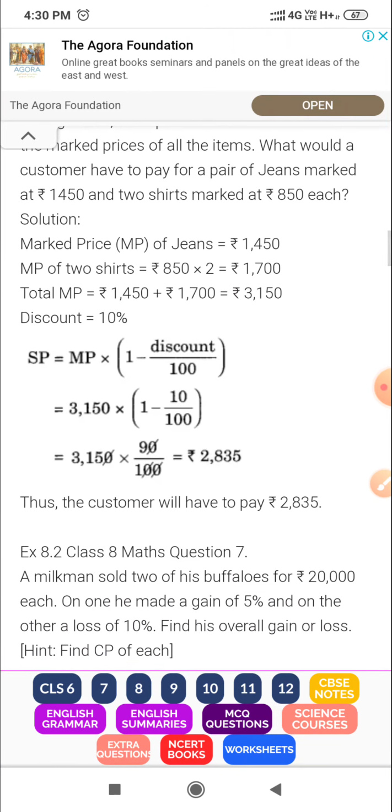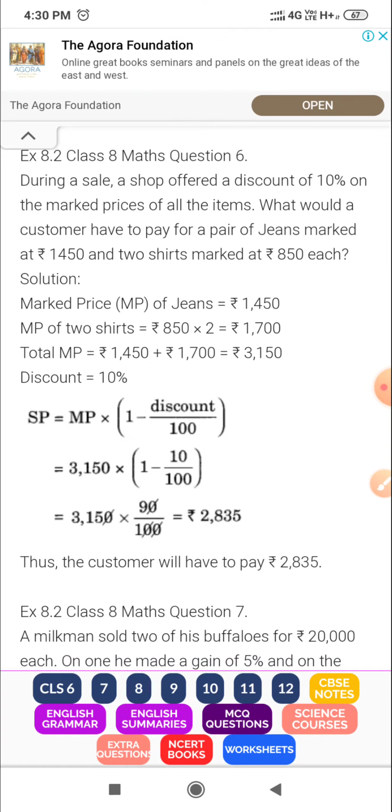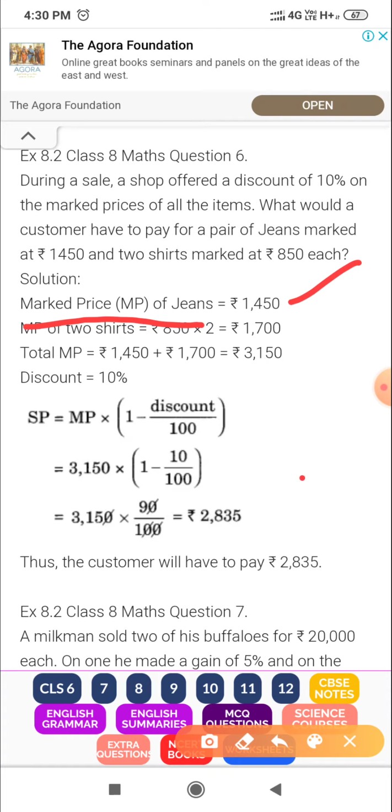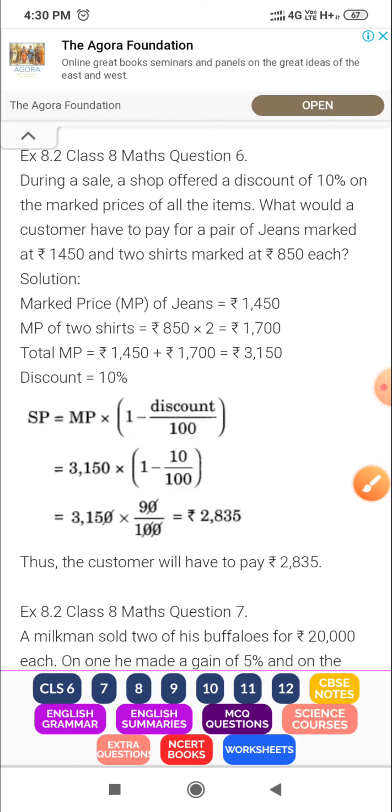So first we write all the information that is given in the question. So marked price of jeans is rupees 1450 and marked price of two shirts is 850 multiplied by 2. So marked price of two shirts is rupees 1700.